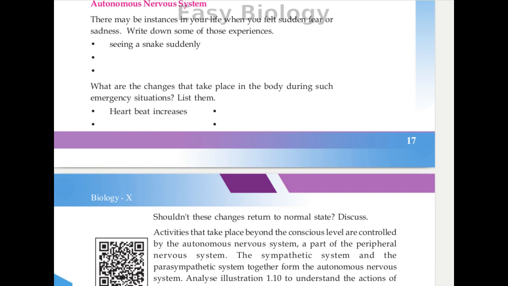The changes that take place in our body during an emergency situation are done by the sympathetic nervous system, and our body returns to the normal state with the help of the parasympathetic system. The sympathetic system and the parasympathetic system together form the autonomous nervous system.